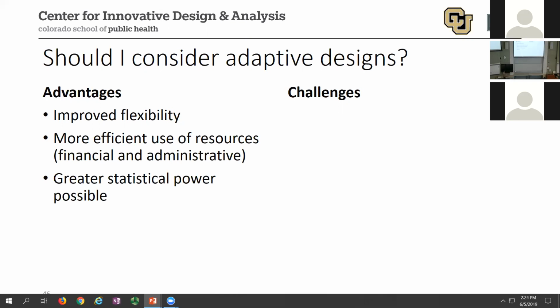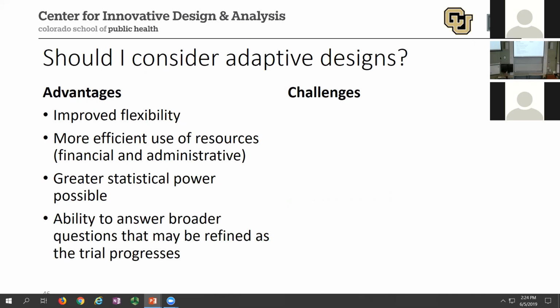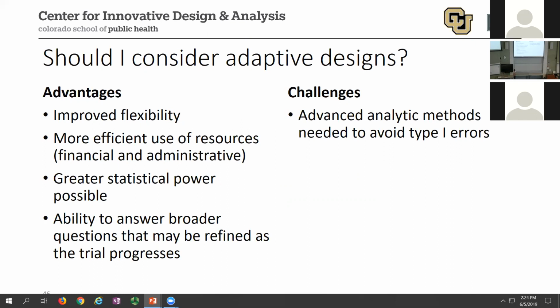There's also the potential, which people generally are attracted to these designs for, for greater statistical power in the right context and situation. So you can gain some advantages in that respect. There's also the ability to answer broader questions with a lot more complexity because we have a lot more moving pieces, which is also potentially a challenge of our study.